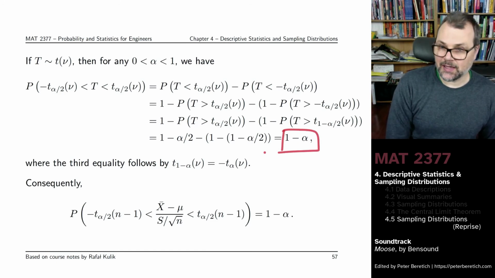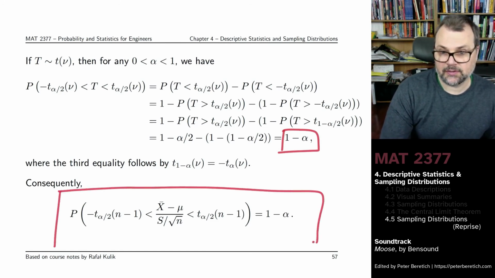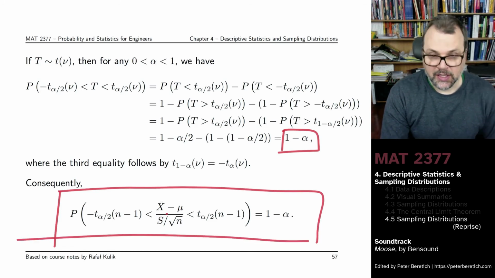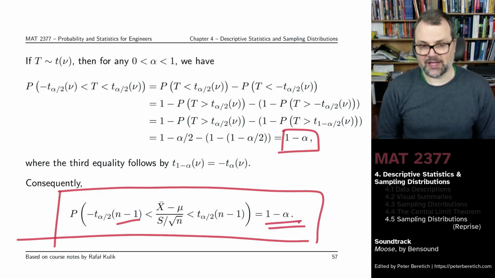What this is saying is that the probability in this case that x bar minus mu divided by s, the estimate of the sample standard deviation, divided by the square root of the number of observations, falls between the two critical points, minus t alpha over 2 with n minus 1 degrees of freedom, and t alpha over 2 with n minus 1 degrees of freedom, is going to be equal to 1 minus alpha.